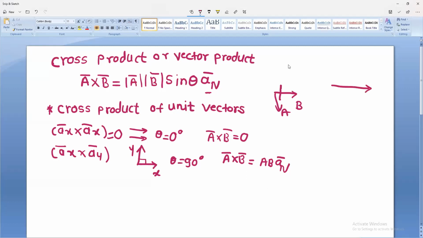So consider this is x, y plane. Okay, x direction, y direction, and unit vectors are A bar x and A bar y. Now, what is the normal vector, perpendicular vector to this plane?